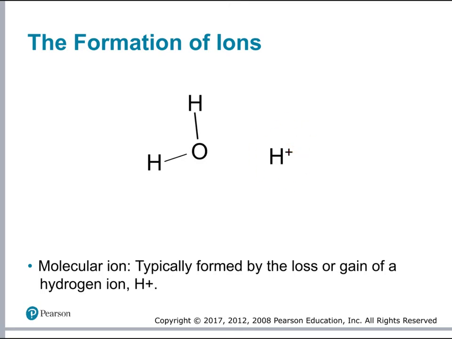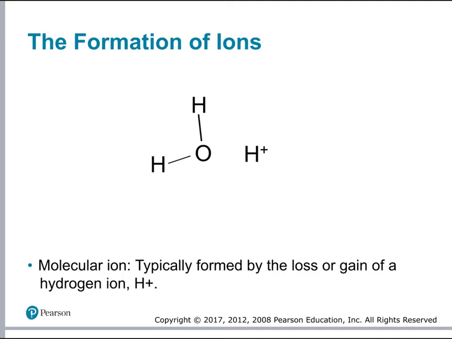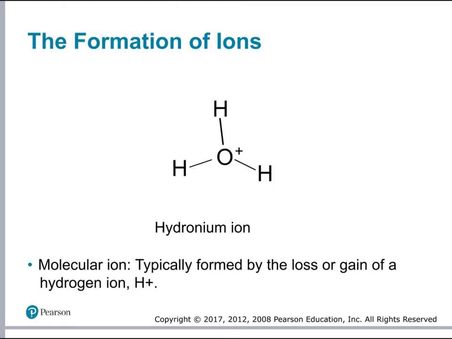Now let's say you have something like H2O here. This hydrogen ion can actually bond to the H2O and form something new. Here we have some water in which there are some hydrogen ions moving about, and as the hydrogen ions get closer, the hydrogen ion can actually bond with the water molecule to form something new called the hydronium ion.